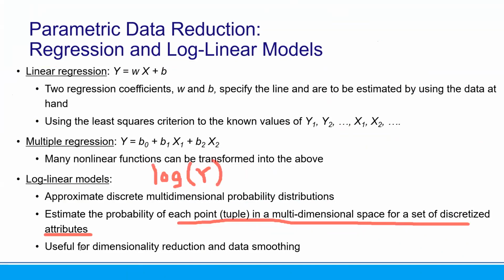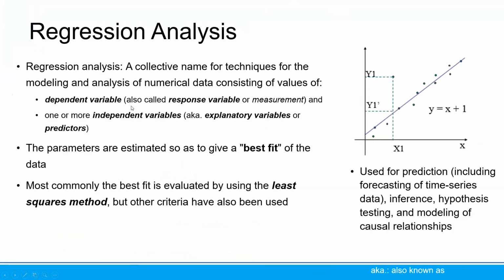It is useful for dimensionality reduction and data smoothing. So if we use the log function, we can reduce the data as well with this model. I do not want to discuss more about the log linear model, but let's see only the regression analysis.